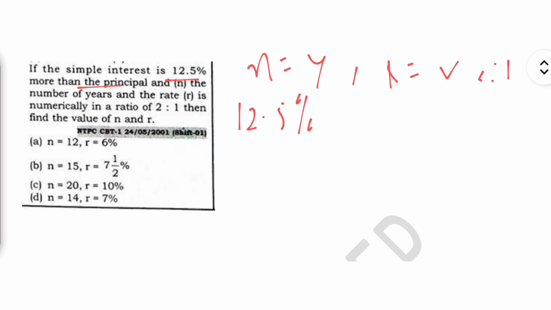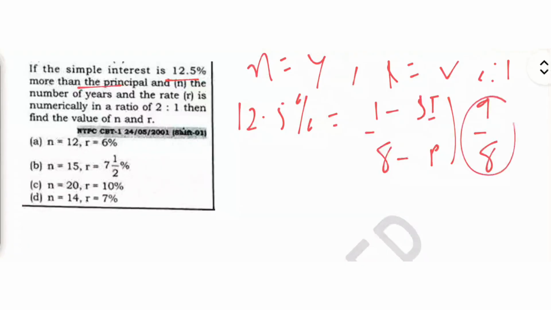When you make it a fraction, 12.5% is nothing but 1/8. This is your principal and this is your simple interest, but we are told that it is 12.5% more, meaning it is 1 more than 8, which is 9/8. So this is your principal and this is your simple interest.